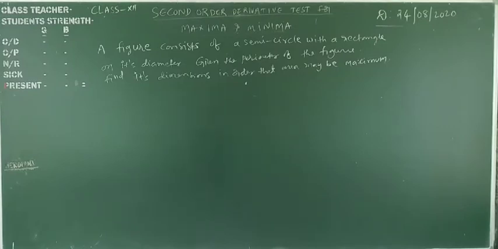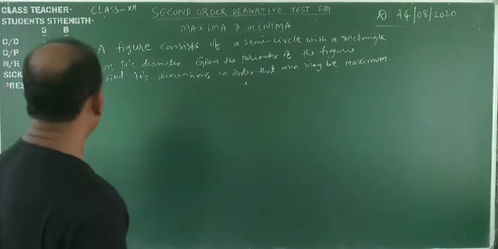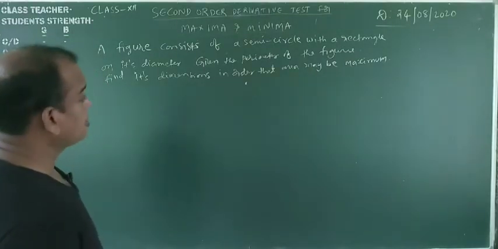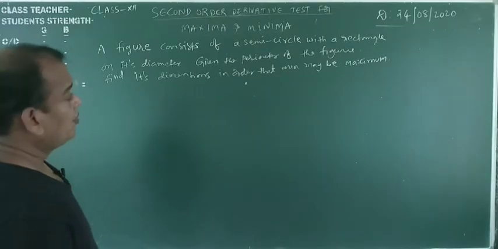Okay, my dear students, read the question carefully. What is the question going on? A figure consists of a semicircle with a rectangle on its diameter.